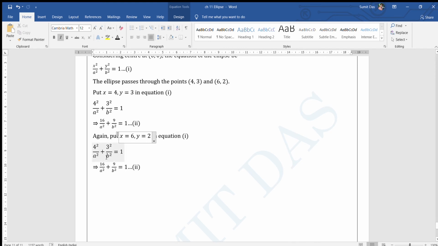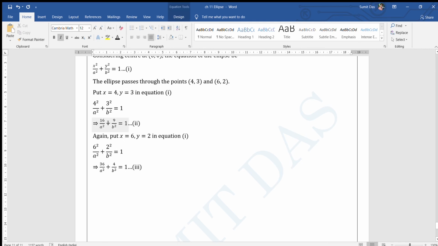So it will be 6 square and 2 square, which is 36 and 4. I'm keeping all the equations like this. Now, what will I do?